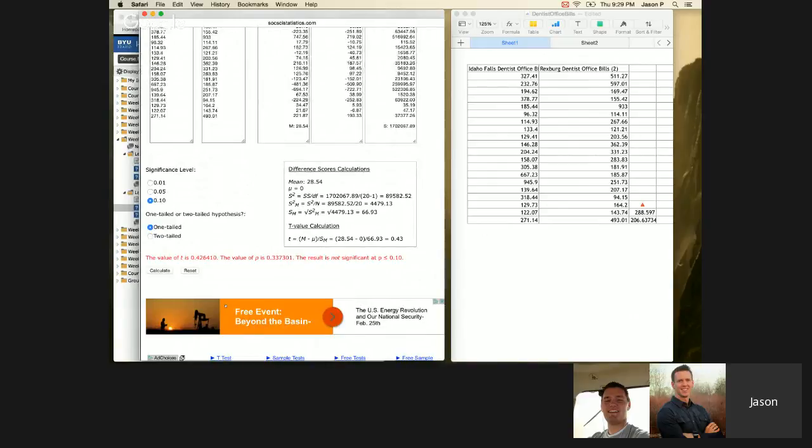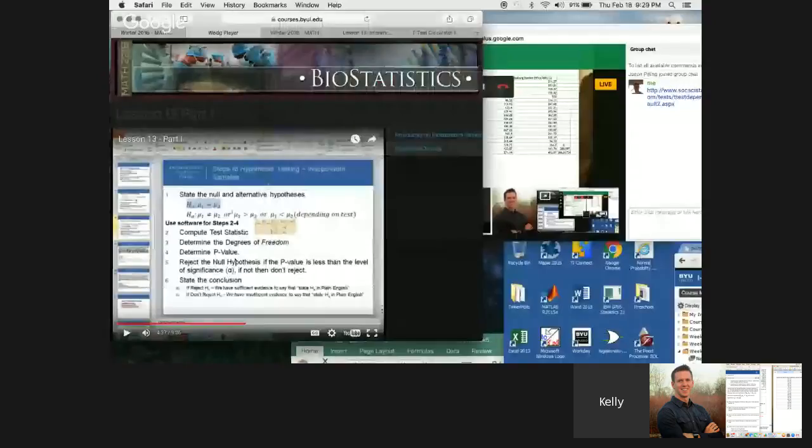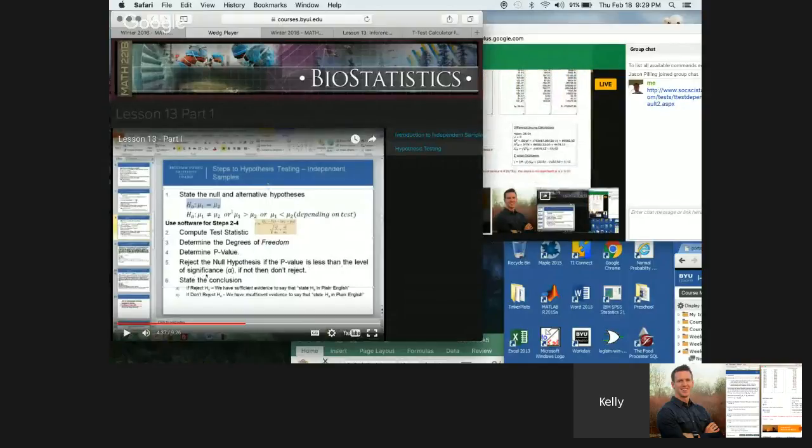So when it's, I'm pretty sure when it's... So I'm looking here. I'll screen share real quick. Okay. I always get that mixed up, honestly. Okay, this is... Am I showing? Yep. Okay, right here. Reject the null hypothesis if the p-value is less than the level of significance.